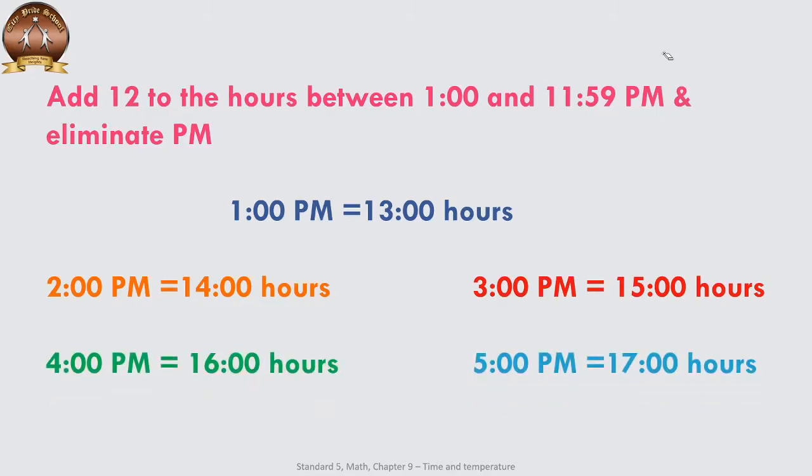Similarly, 4 PM is 16 hours and 5 PM is 17 hours. Remove PM, write hours, and add 12 to the hour part, but this only applies to PM. If it is AM, then no changes occur; AM is only replaced by the word hours.